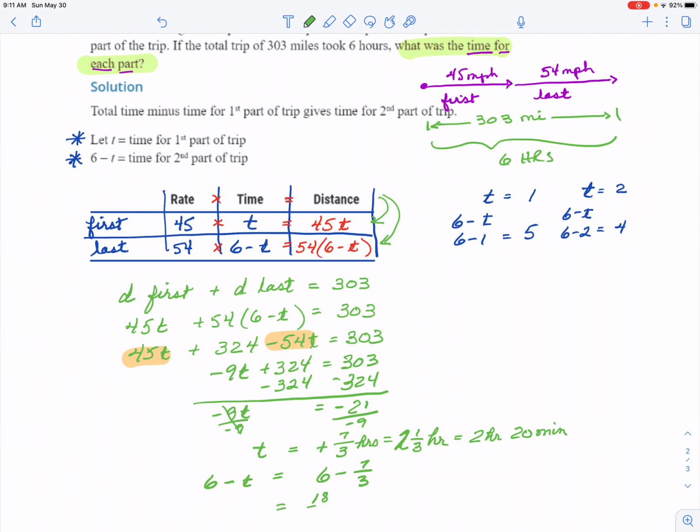So this is 18/3 minus 7/3, which is 11/3, which is 3 2/3. Yes, 3 2/3 hours, which is 3 hours and 40 minutes, since 2/3 of an hour is 40 minutes.